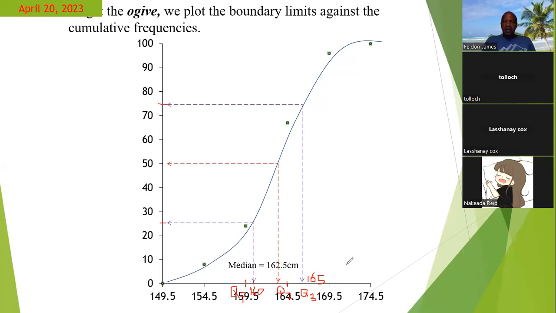Now, another name that we call the quartile, we talk about quartile deviation. All right, and we're going to define that shortly after. So our quartile values: we have our lower quartile, which is Q1, our second quartile, which is the median, and our upper quartile, which is Q3.